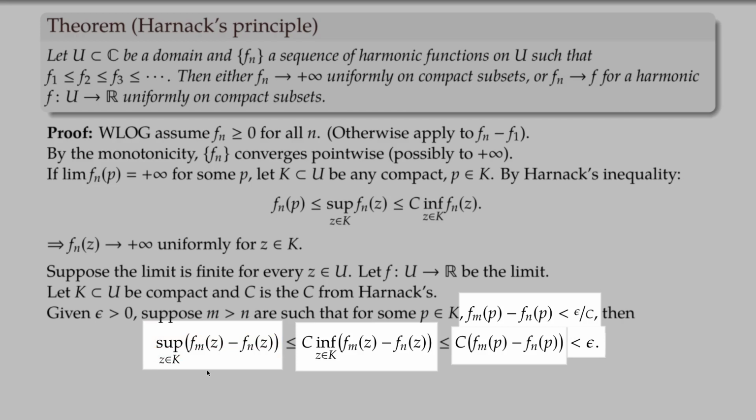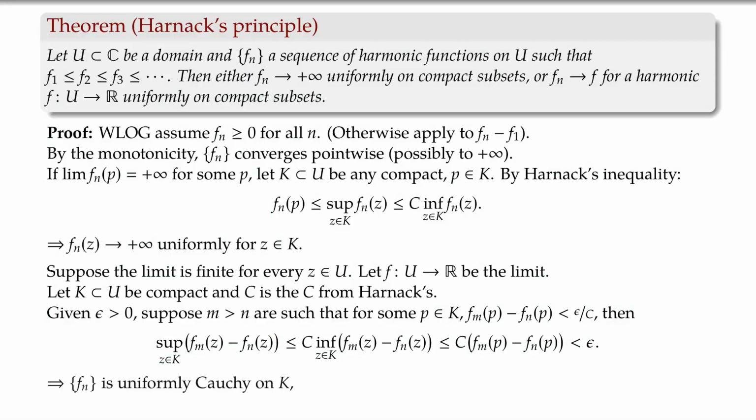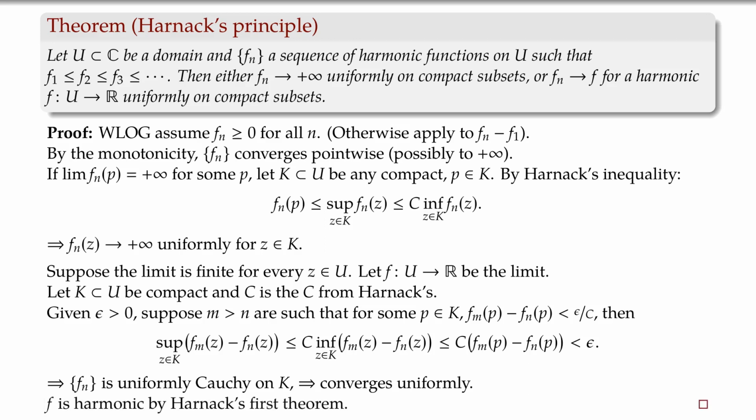So from that I can conclude that the sequence is uniformly Cauchy on K, right? And if it's uniformly Cauchy on K, it converges uniformly on K. Therefore f is harmonic by Harnack's theorem.